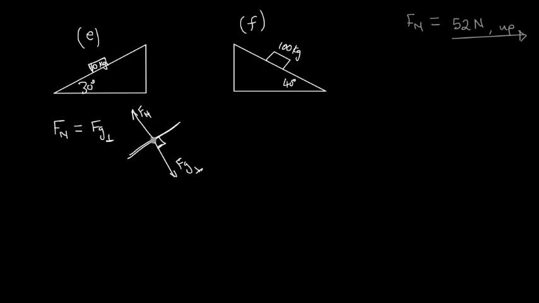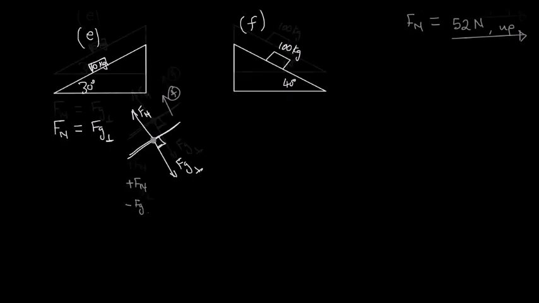All right, so this will not be a problem. If we choose the side of the forces perpendicular to the surface as positive, that will mean that our normal force is positive and our gravitational force is negative.